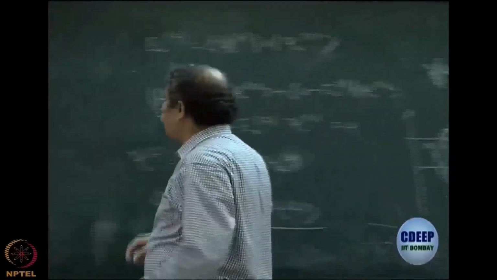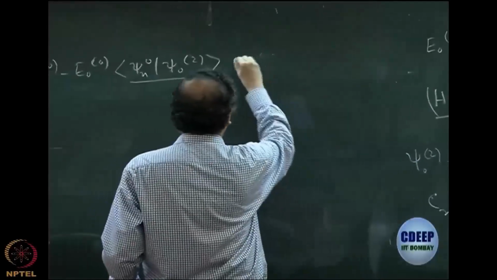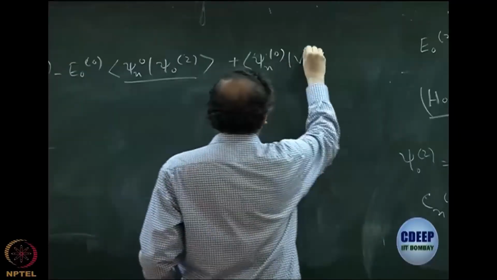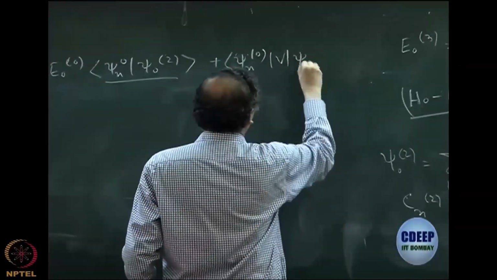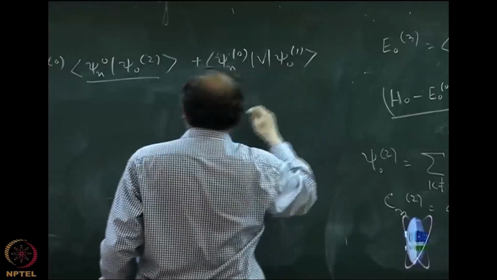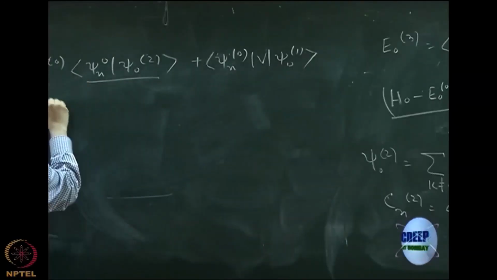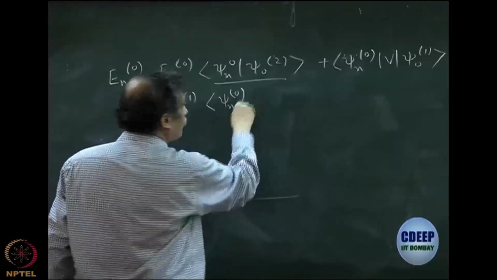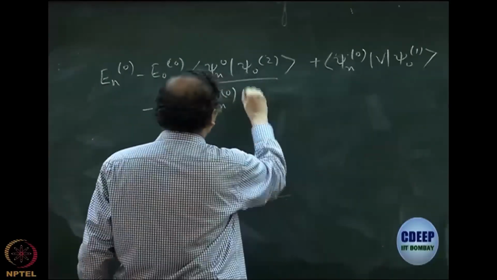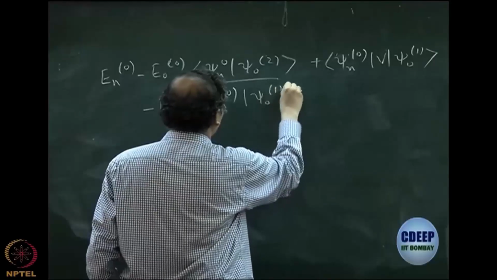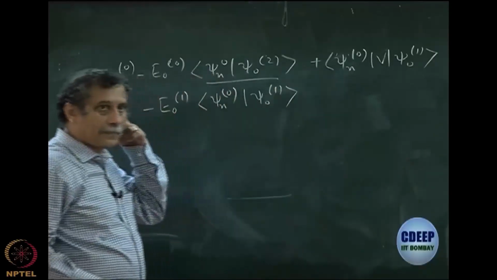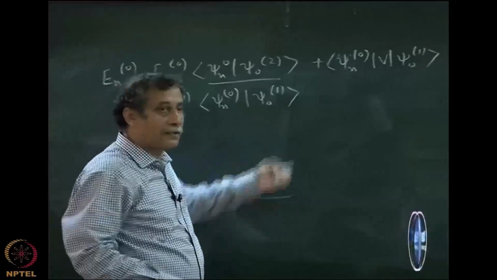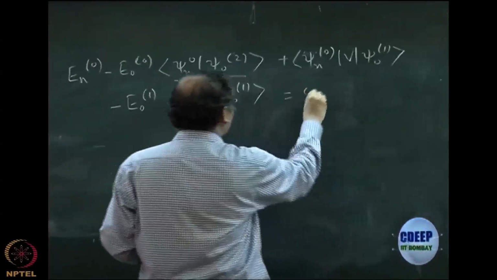Then I have ⟨ψn0|V|ψ01⟩ minus E01⟨ψn0|ψ01⟩, okay? This is not 0 because it's a first order.